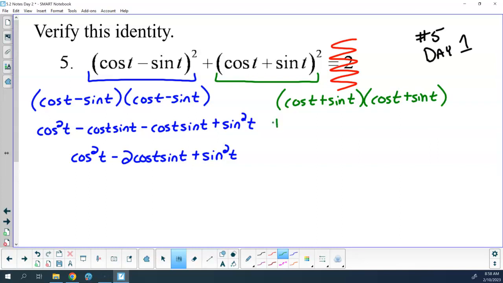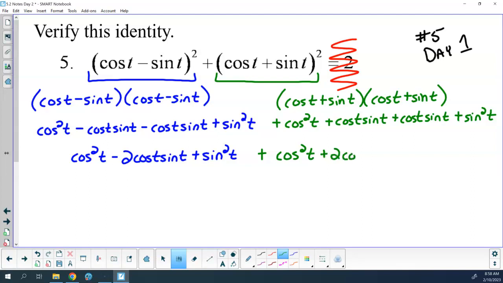That's going to be cosine squared of t plus cosine sine plus cosine sine plus sine squared. Which is also cosine squared plus 2 cosine sine plus sine squared.